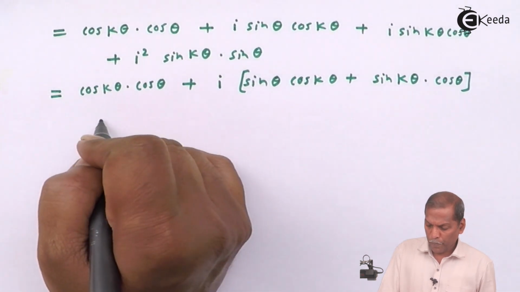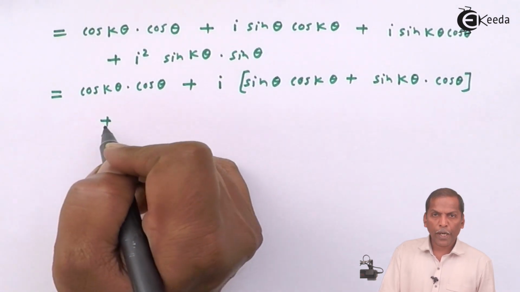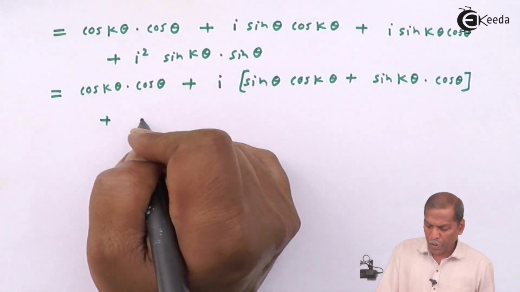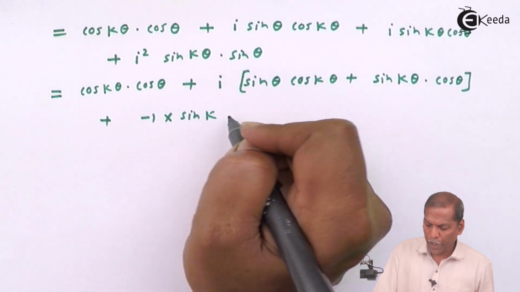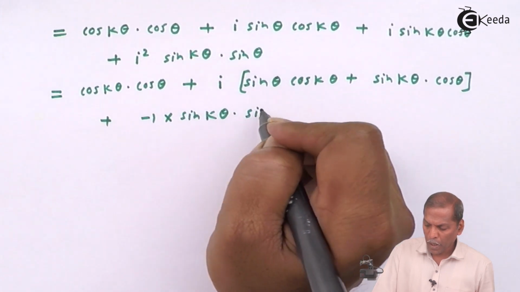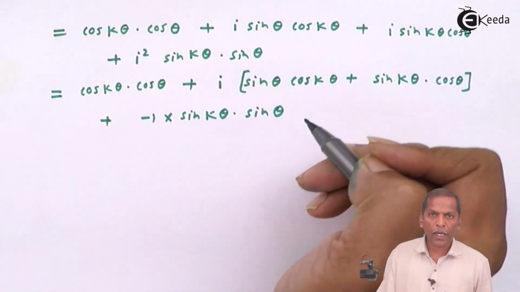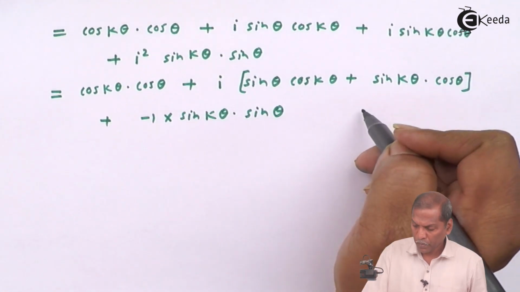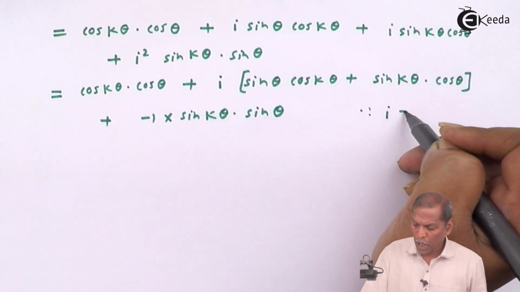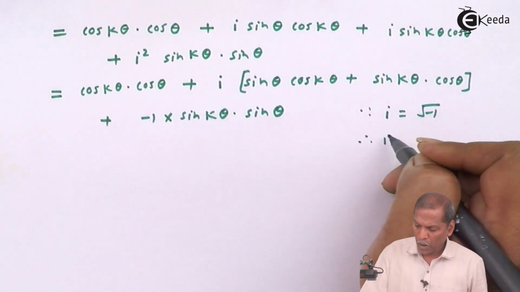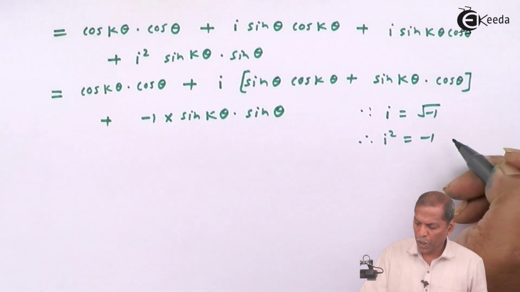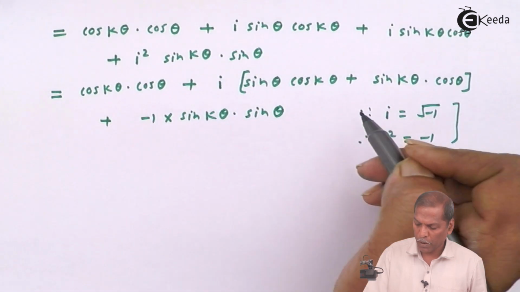Then plus, for i square we write minus 1 into sine of k theta as it is and into sine theta as it is. Since i means root of minus 1, therefore i square gives minus 1.